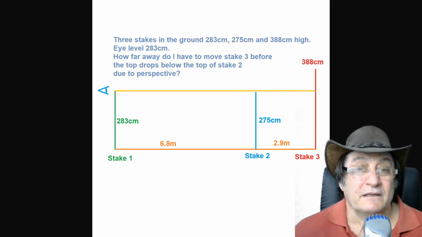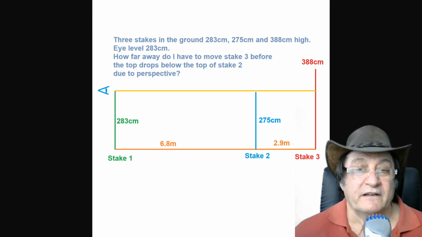So what the proposal is there from Nick is that if you move stake 3 far enough away, it'll get small enough so it'll drop below the eye level of stake 1 and stake 2. So if you move it far enough away, the top of stake 3 should go below the top of stake 2 if this is a level surface.